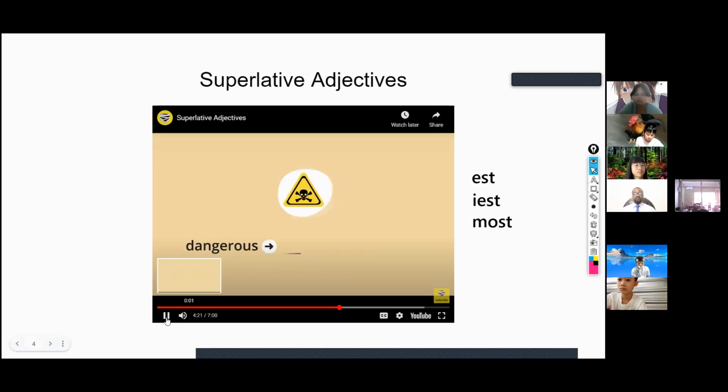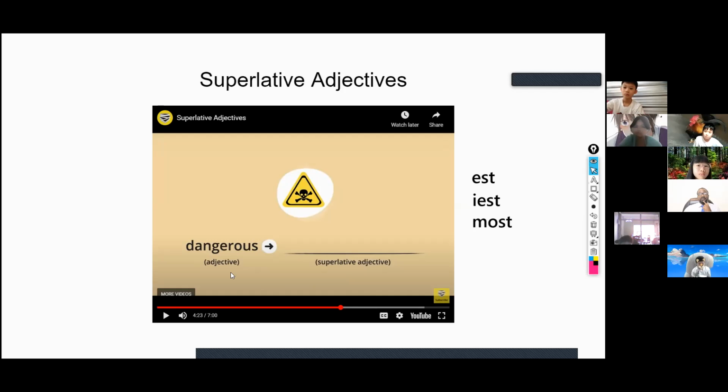All right, so we have dangerous. Okay, so what happens to dangerous? Do we add EST, do we add IEST, or do we put most? Who can help us with dangerous? Okay. Pagum. What's the answer? Go ahead. The most dangerous.